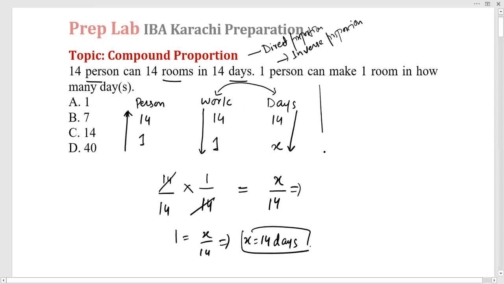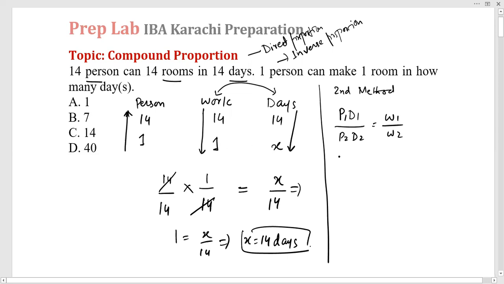But you can also solve this question through a formula as well. That is the second method. The formula is very simple: P1 D1 over P2 D2 is equal to W1 divided by W2. These are P1, W1 and D1, and this is P2, W2 and D2.